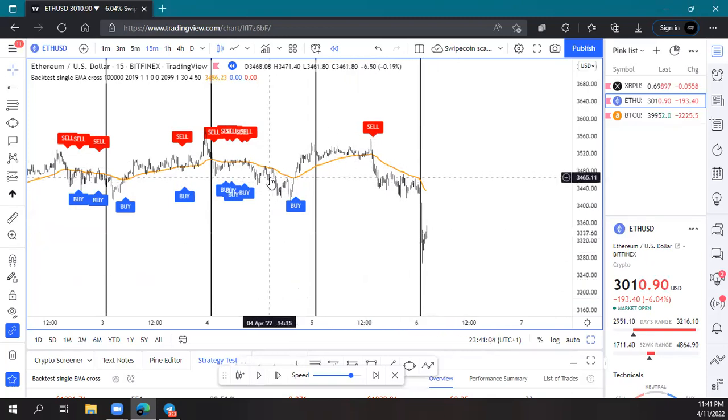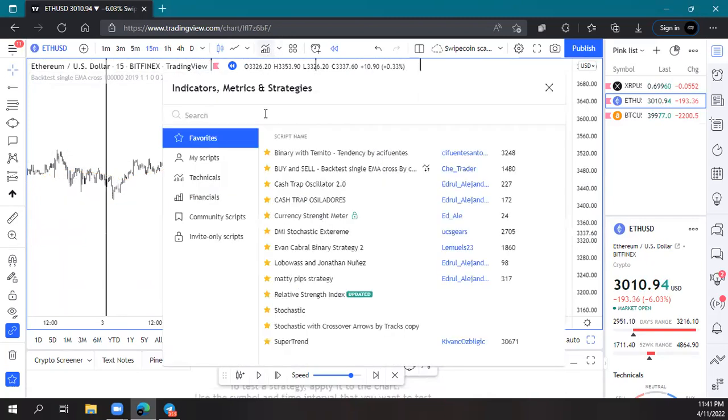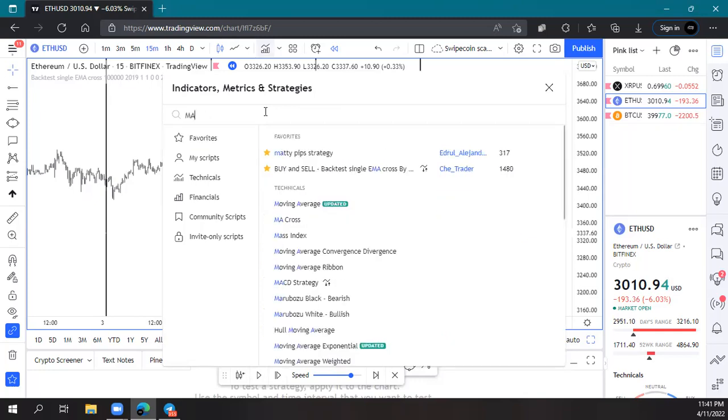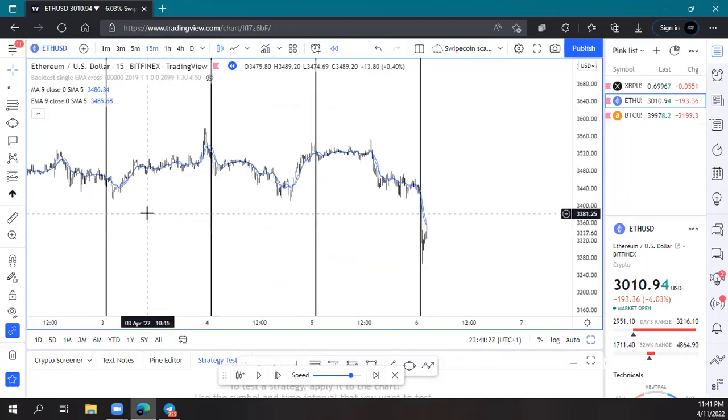So this is what I do for my notifications. I don't actually use this. So if you want to set your notifications, you're going to go back and add the normal moving average and the exponential moving average. After you set your alerts, you can delete it.